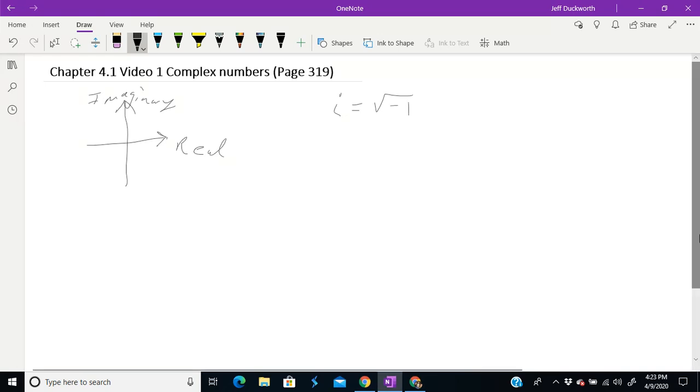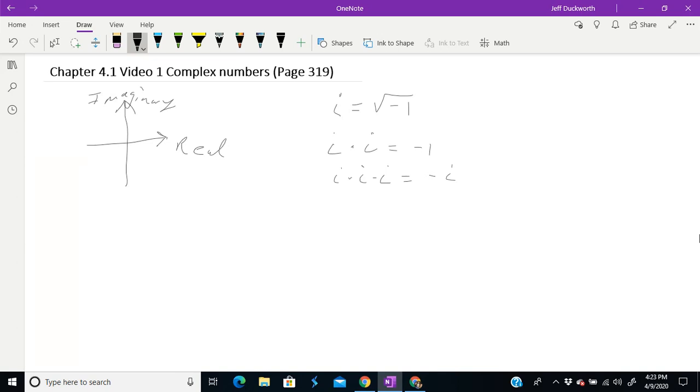You've been told a long time you can't take a square root of a negative number. If you've seen this before, you know what this is, but otherwise this is an imaginary number, i. And there's a little process: take the i and multiply by another i. We're going to get -1. If we multiply i times i times i, that gives us -i.